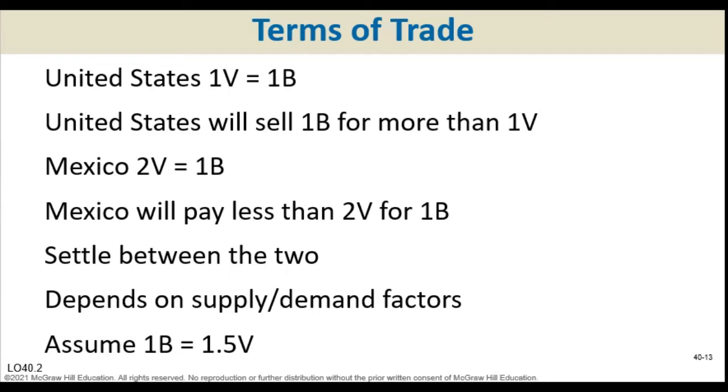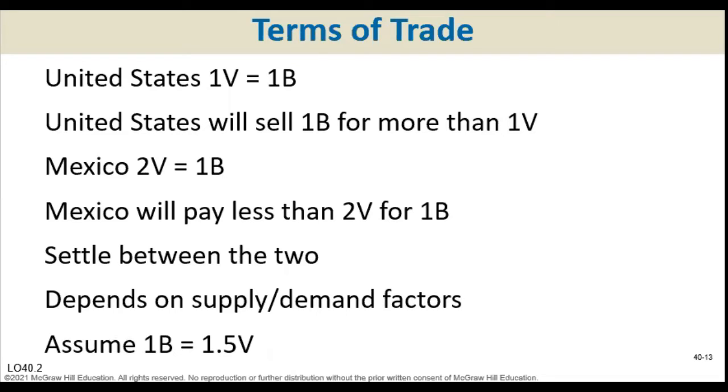As Mexico will have to sacrifice 1/2 ton of beef to get 1 ton of vegetable. And for the United States, the ratio is 1 to 1, 1 ton of beef to 1 ton of vegetable.